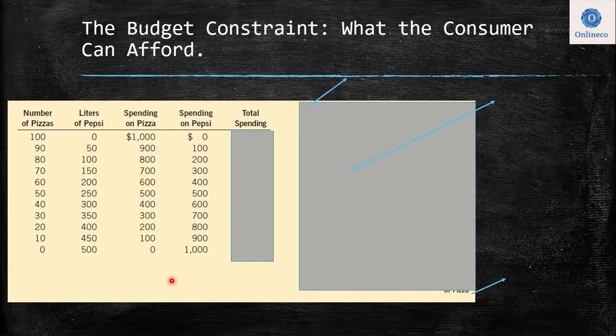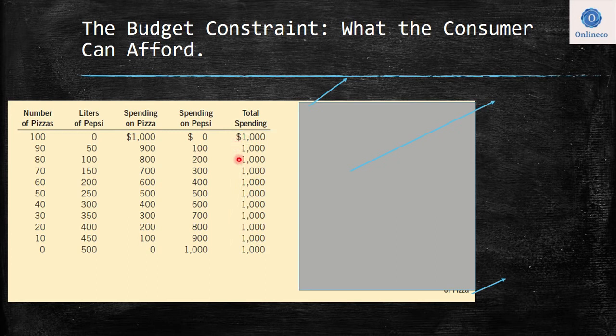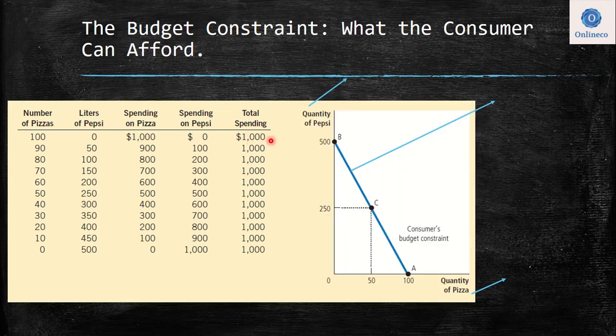When we add all of these values, the total spending is the total money that you have. So here we have built different bundles of pizza and Pepsi that bring the total budget that you have. With that information, you can graph the budget constraint.